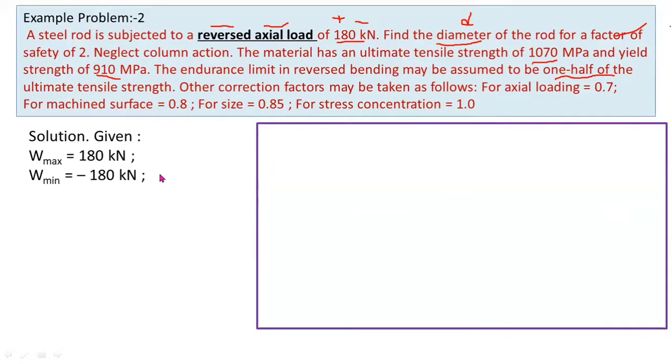Here I am considering positive and negative values both, because the load is a reversed axial load. Reversed means you have to consider positive, that means tensile, as well as compressive. Both have the same magnitude.